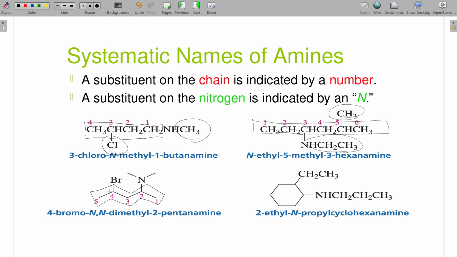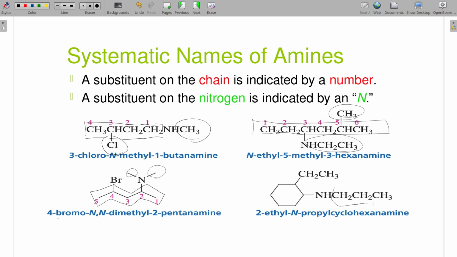So it's the 2, therefore the bromine's the 4. So we have a 4-bromo pentanamine, but what we're going to do is alphabetically list these. Bromos come before these methyls. So 4-bromo, N,N-dimethyl, 2-pentanamine.